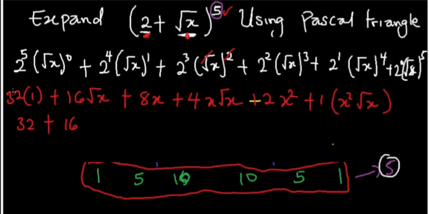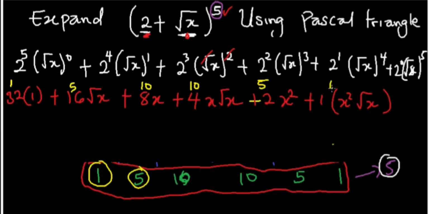Okay, we need to multiply all this by the Pascal. How do we do that? There's 1 here. This 1 will come on this, multiply by this 1. This 5 we multiply by this 1. Just share it. 10. 10. This one will be 5, and this one will be 1.